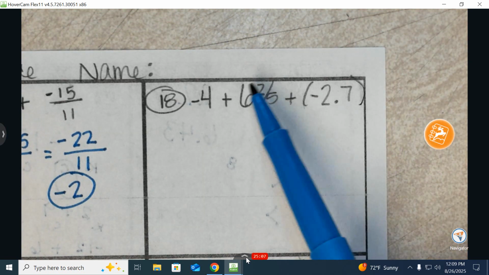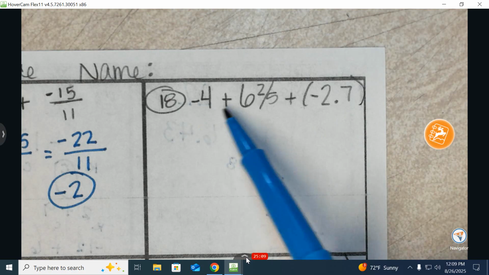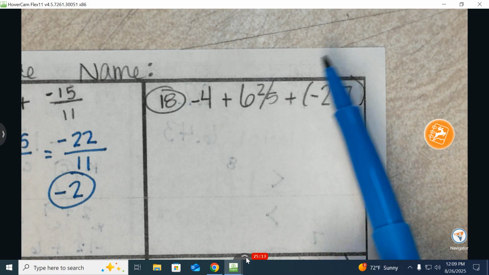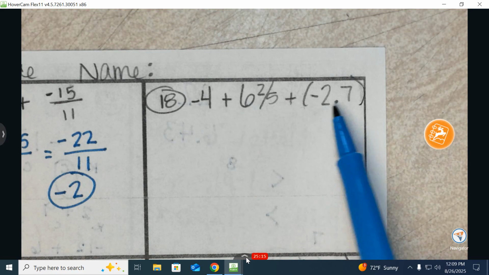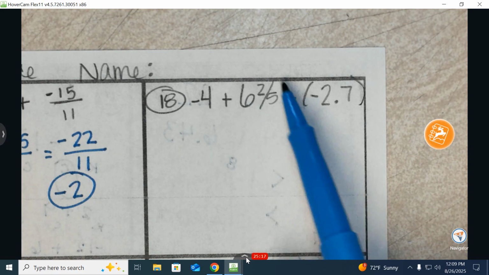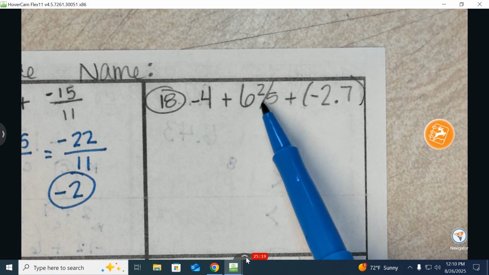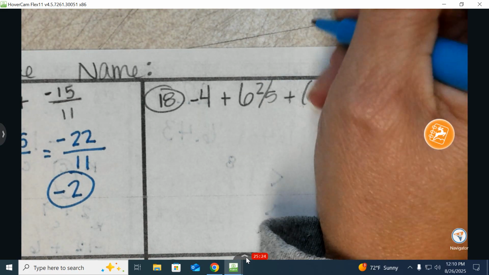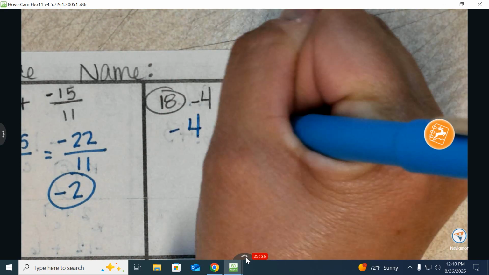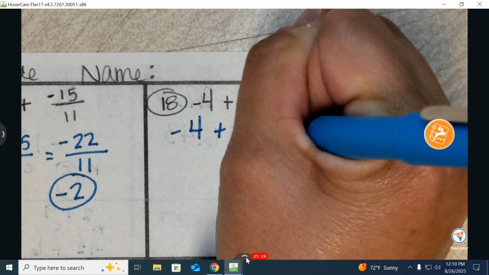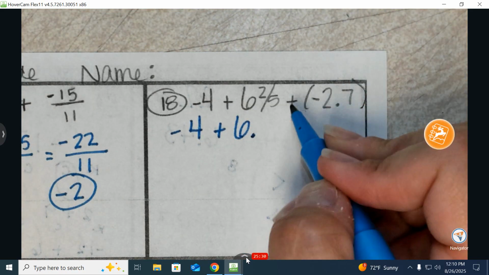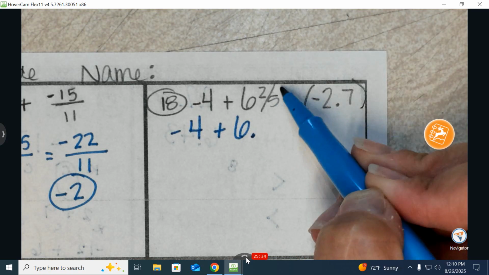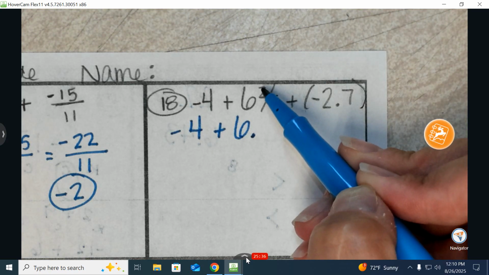Next one, we have different forms here. Because these are already in decimal form, this one we will go ahead and change to decimal form. To make 2/5 become a decimal, so it's going to be -4 plus 6 point something. Couple of ways you can do it. You can make that become a tenth and see what that number is.